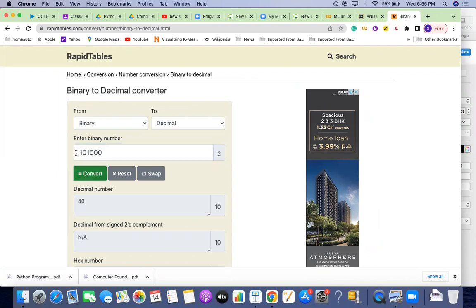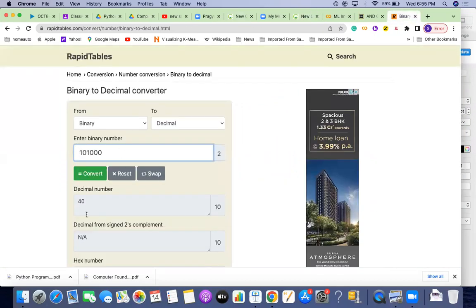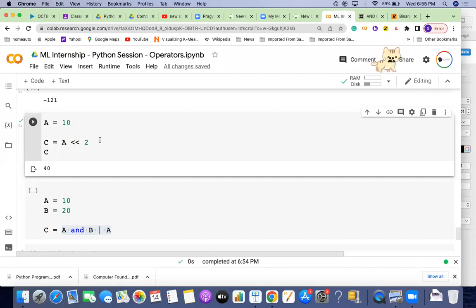No, it's correct. This is what we got, correct? If I shift 2 bits here, this is what I got. And I converted it into decimal, this is 40. That is what we got here, correct? Understood? Yes, sir.